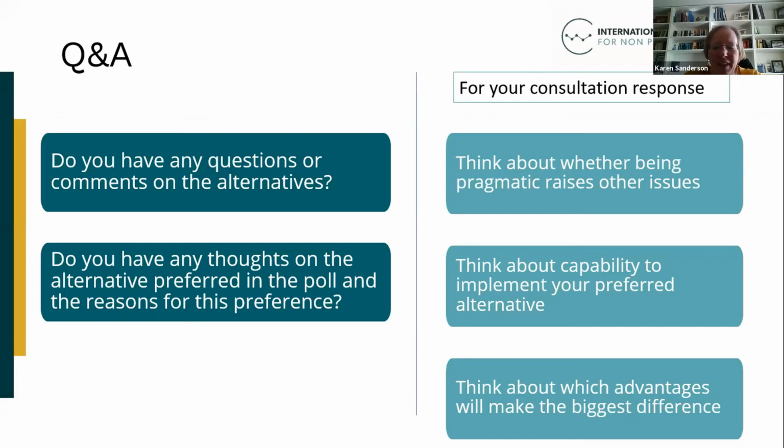pick up on that. There's been a lot of discussion about whether IFRS and IFRS for SMEs should be the right start point for non-profit guidance because it's generated from for-profits. In part one of the consultation paper, we've done quite a bit of analysis to look at the pros and cons of the different international frameworks.